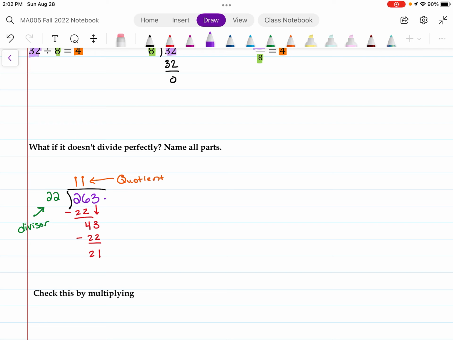The purple is, think about it, what is it? The dividend. And the thing sitting down here is the remainder. So when you divide 263 by 22, you get 11 with a remainder of 21.